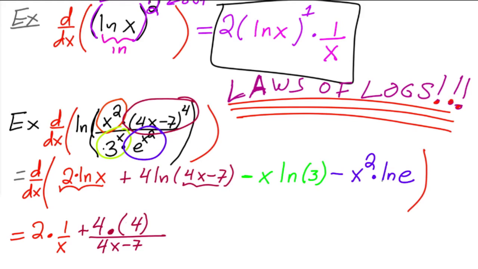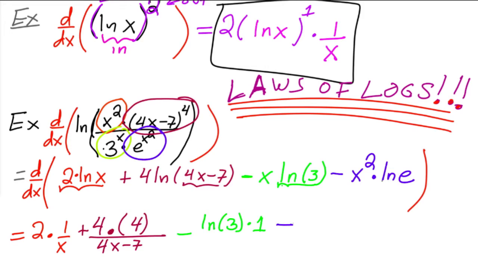So this is going to turn into 16 over 4x minus 7. Then minus, and notice that natural log of 3 is a constant, so just leave the constant alone, times the derivative of x, which is just the number 1.